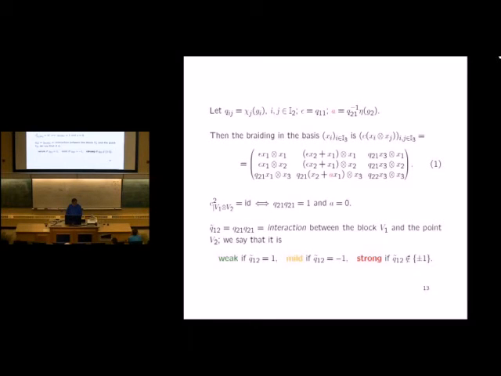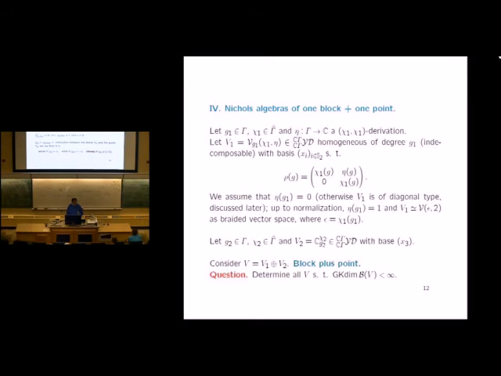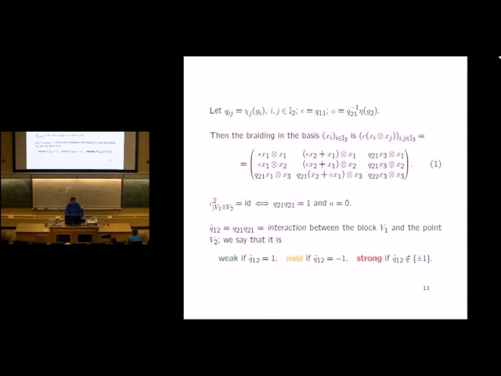And there is an A, which is essentially the value of the derivation that defines this block on the group-like of the second component. And the braiding is given by this formula. So the first 2 rows and 2 columns, the first minor, is the block, and the rest is this 3 by 3 is the point, and the rest is how C square or how C behaves between V1 and V2.